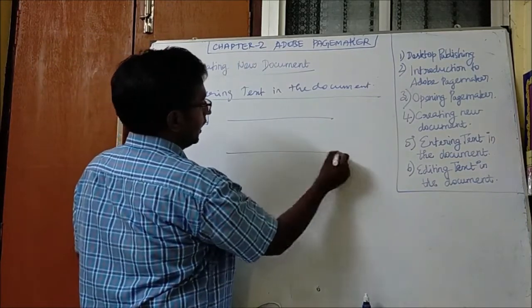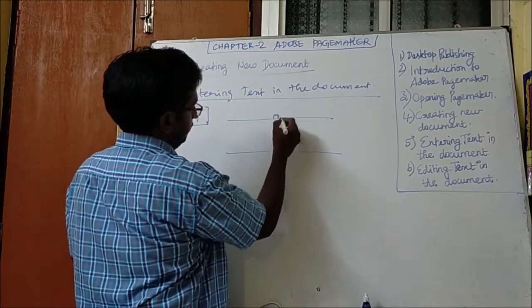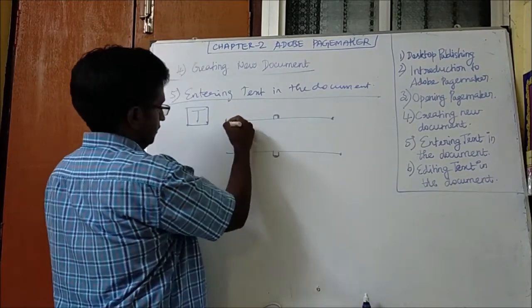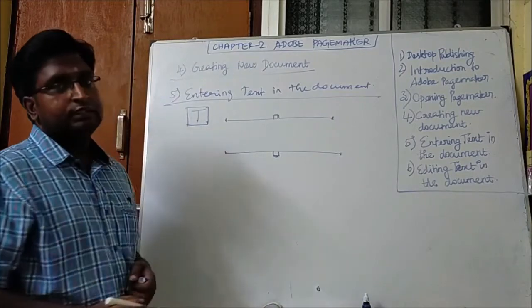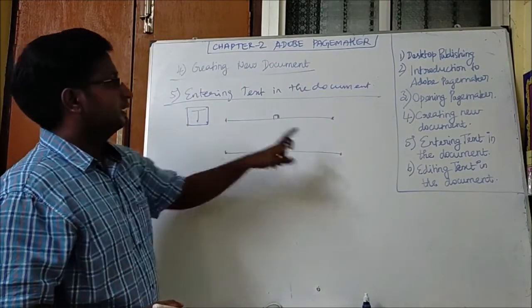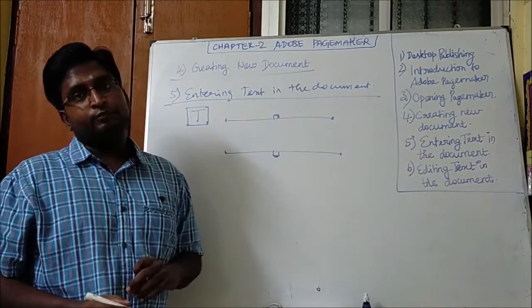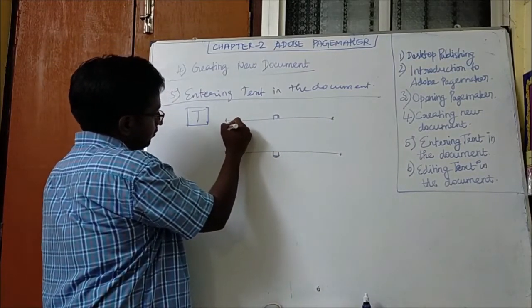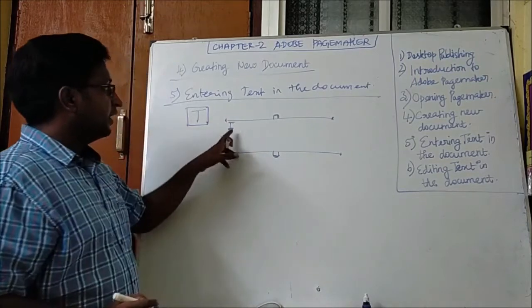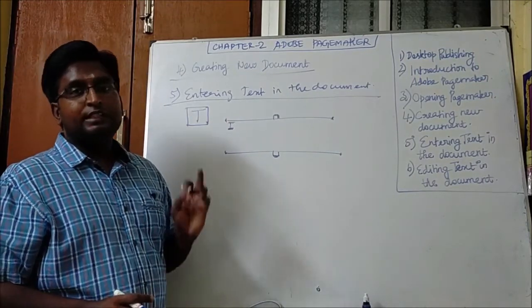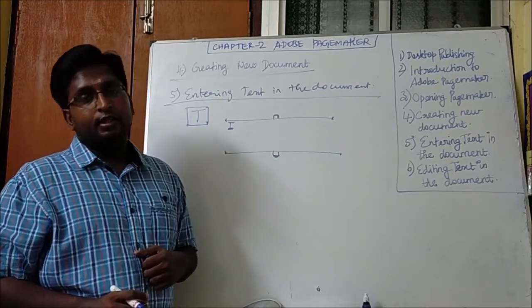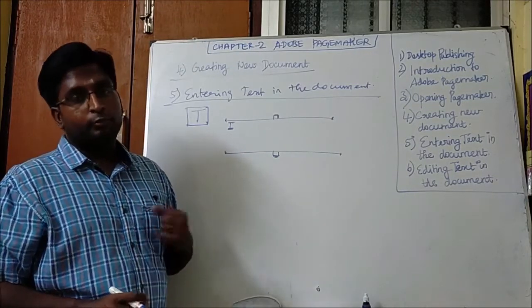A text block will appear like this. You can click and drag wherever you need. The cursor will change into an I-beam and it will be waiting for the start of the text block. So this is how you can create or enter text in the document.